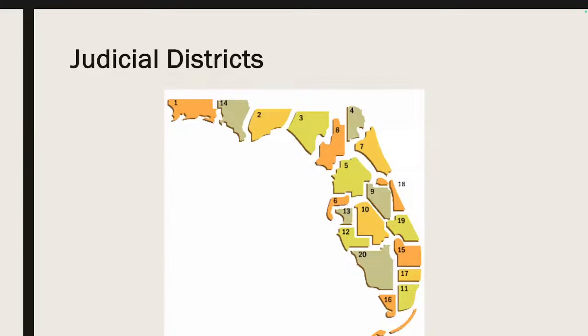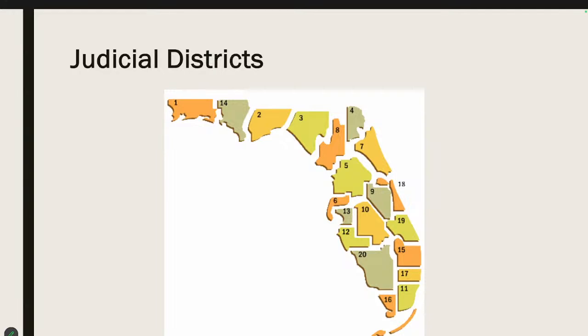The first thing to know about case processing in Florida is there are 20 judicial districts in Florida. Each of these 20 judicial districts has its own elected chief prosecutor.